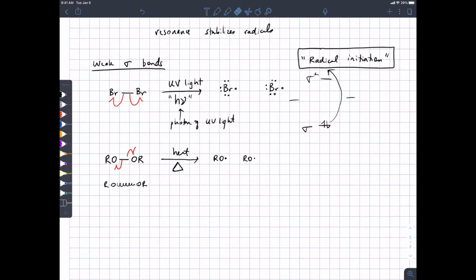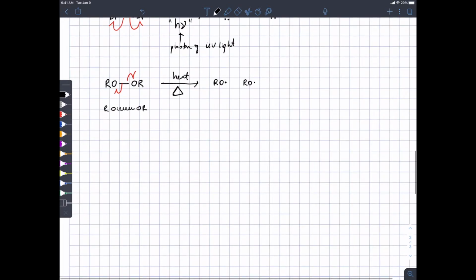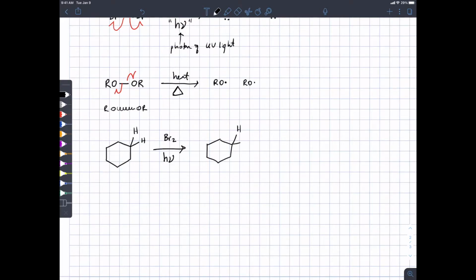Okay, oops, I want to figure out what I can erase and what I can't. Got rid of the Br. All right, so let's talk about some chemistry that these radicals can do. If you take a hydrocarbon, and this is our first reaction where this is the case, if you take a hydrocarbon and you expose it to bromine in the presence of light, you can actually replace one of those carbon-hydrogen bonds with a carbon-bromine sigma bond, and then a hydrogen-bromine sigma bond.